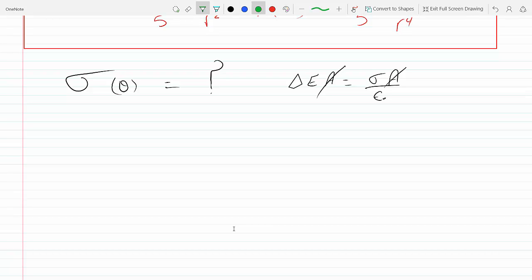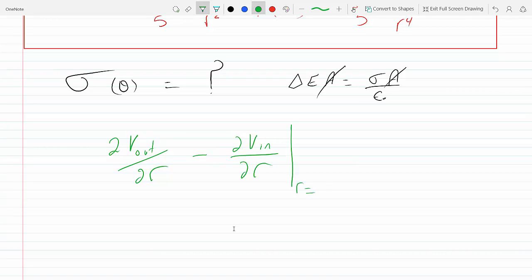So we get it from the discontinuity of the gradient of the potential. dV outside over dr minus dV in over dr at the surface, when r equals R, has to equal the surface charge density sigma over epsilon. We have both potentials in and out. We differentiate them, subtract them, multiply by epsilon, and that's your surface charge density.